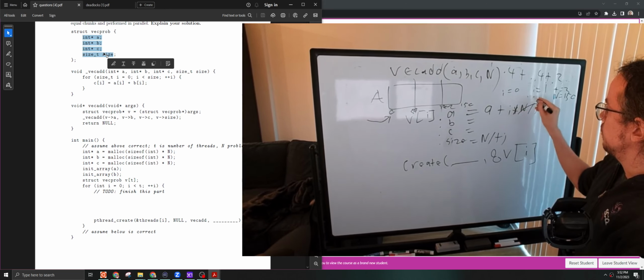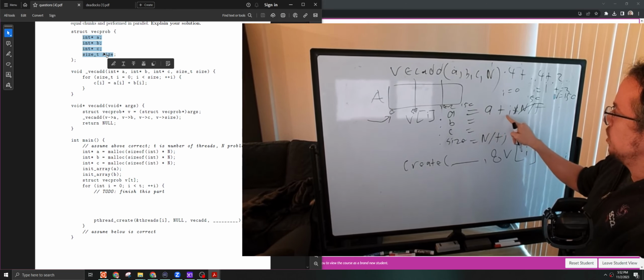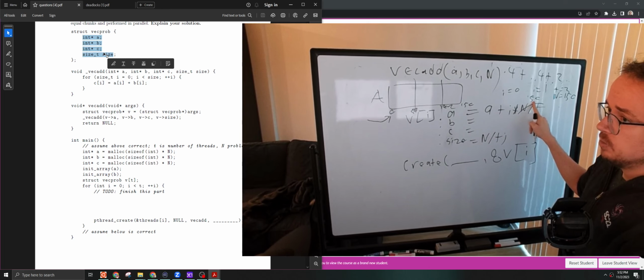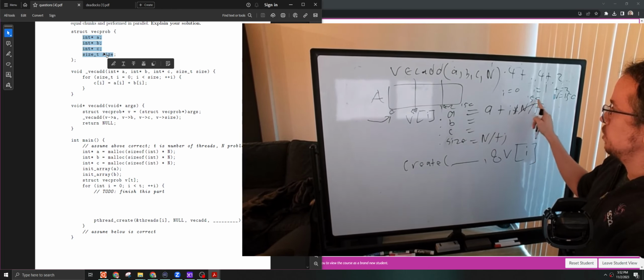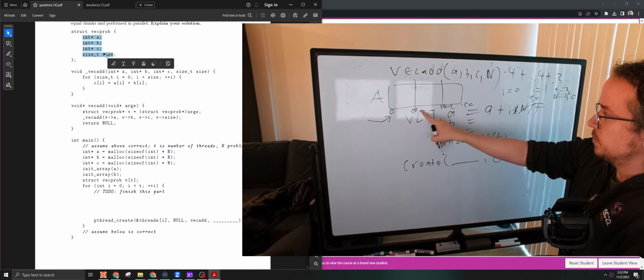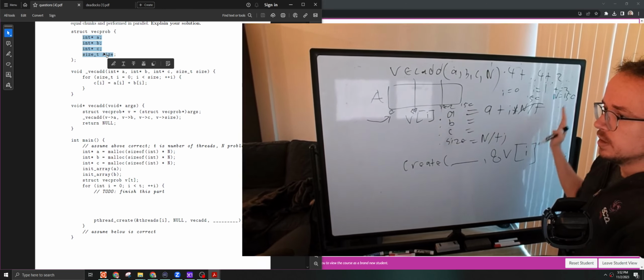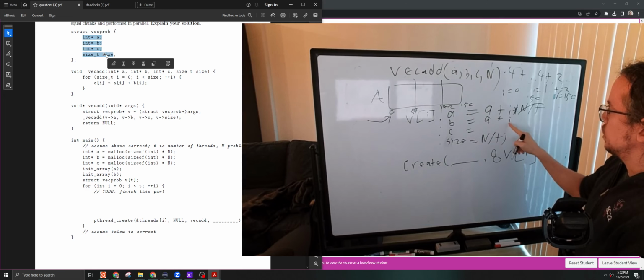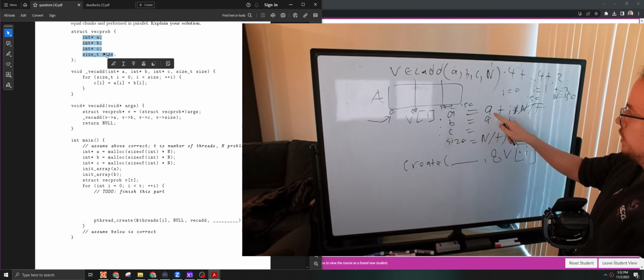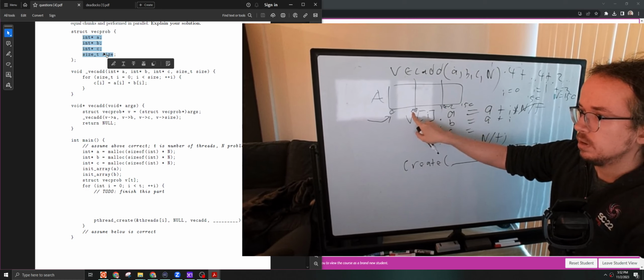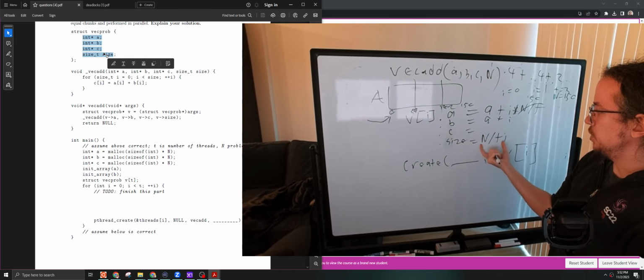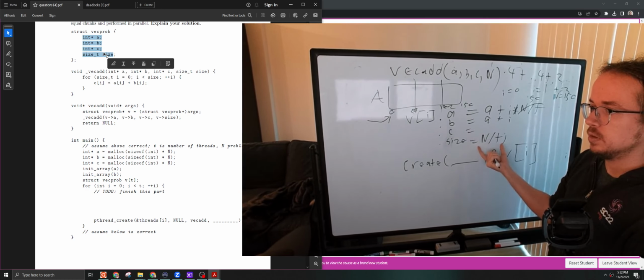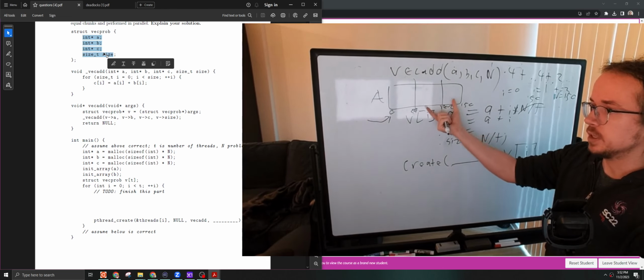So 50, we'll just write 50 here. A plus 1 times 50. When I equals 2, it's a plus 2 times 50. We want to start at 50. We want to start at 100. That's what this is doing. It's just setting up the outcome. It's offsetting. You're setting the starting point here, and then you continue n over t elements, and then that's where you want the next thread to start.